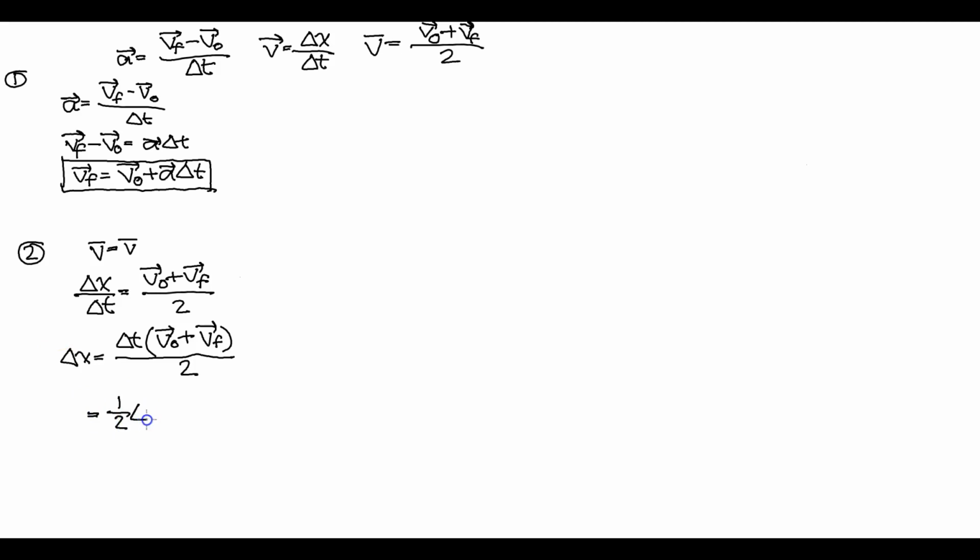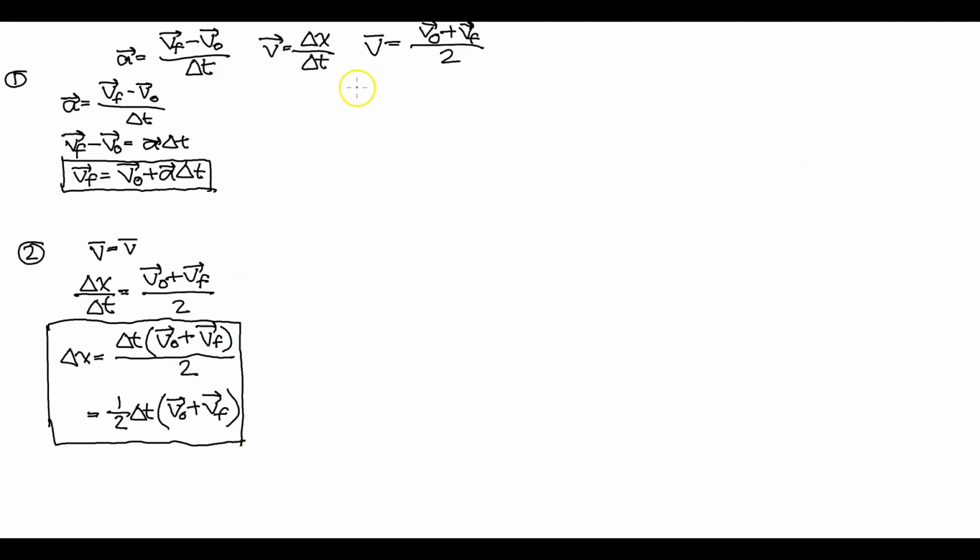Some people like to write it as 1/2 times delta t times v naught plus vf. So this is basically the second equation in two different forms.